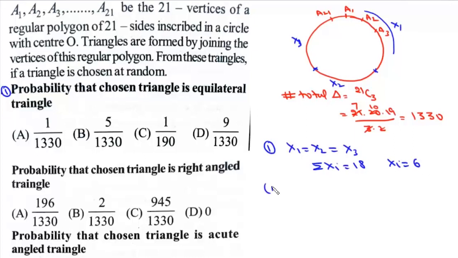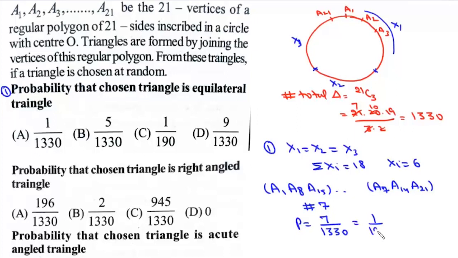So we have combinations like A1, A8, A15, and we'll go all the way from A1 to A7, A7, A14, and A21. So altogether we have 7 cases in which an equilateral triangle is formed. So the required probability will be 7 upon 1330, which is basically 1 by 190, and that's your option C.